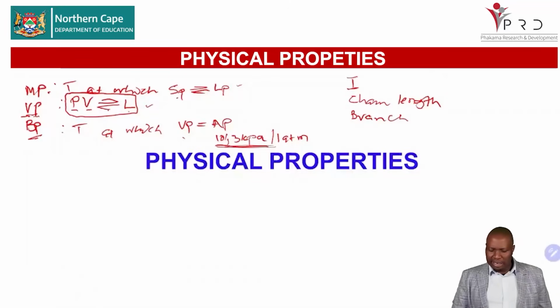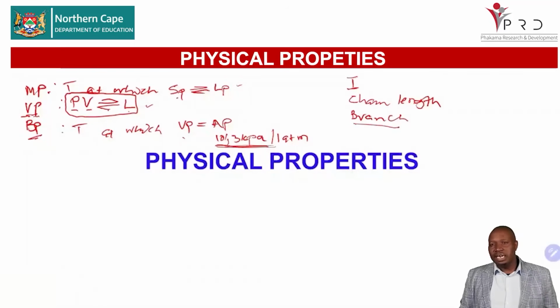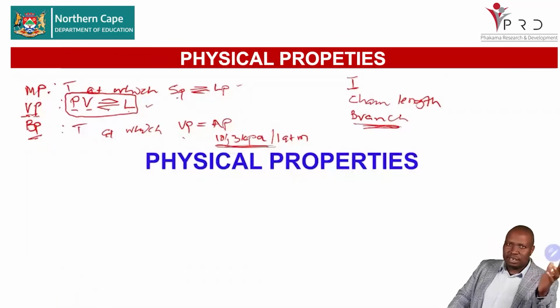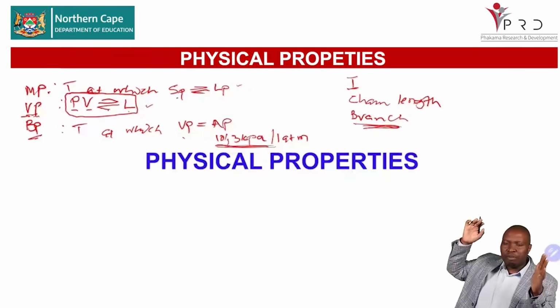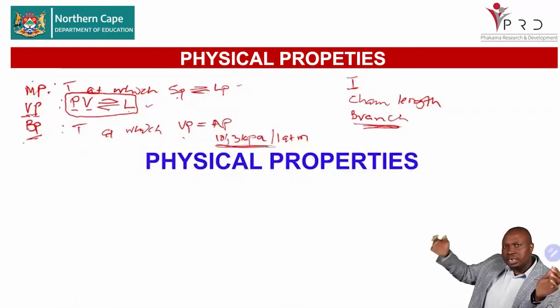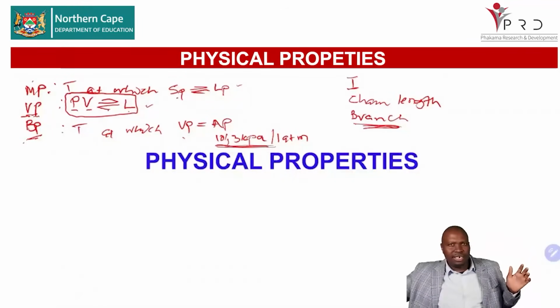And don't forget that if you have more branches, you're expecting the highest vapor pressure, because vapor pressure increases as the strength of intermolecular force decreases, whereas melting point and boiling point increase with increase in the strength of intermolecular force.